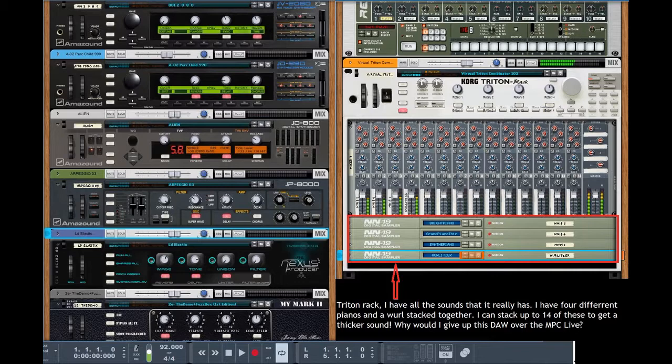I bought this from a person on eBay, and I have every sound from the Korg Triton rack. Every sound. And with this, it can give me up to 14 layers. I can just go berserk on that alone. And look at the interface, look at the skin on it.